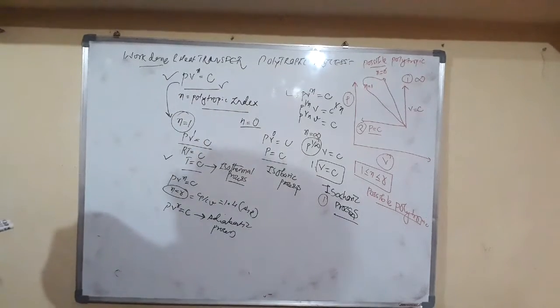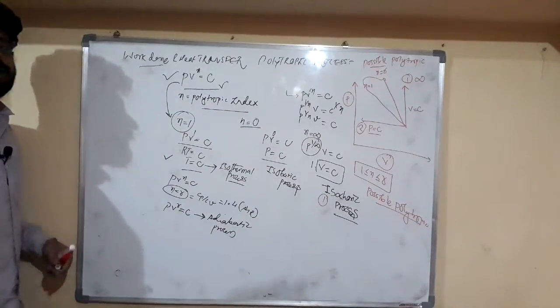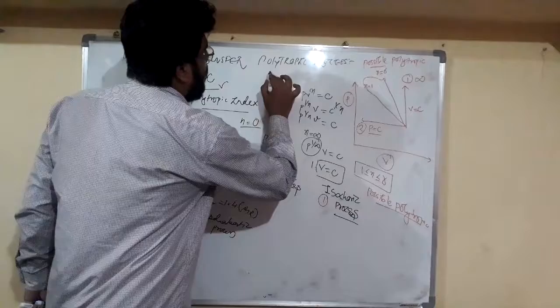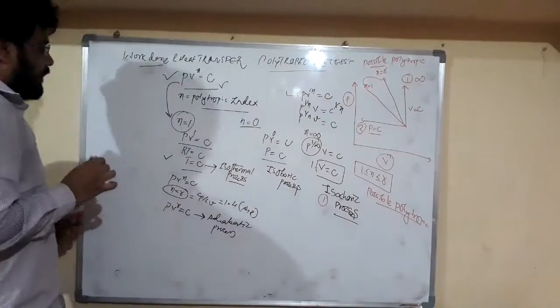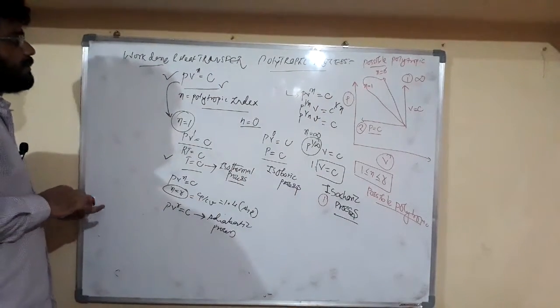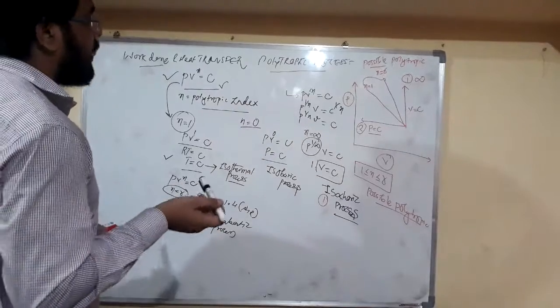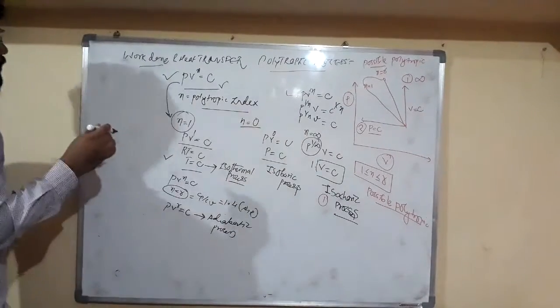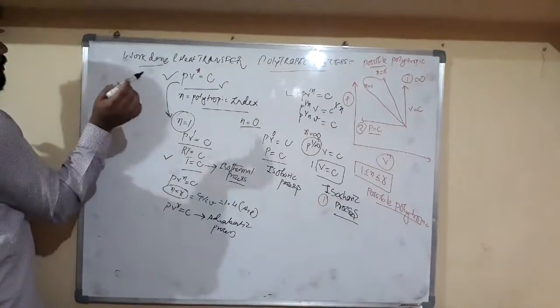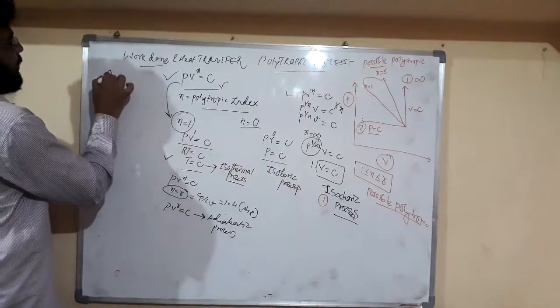So friends, this is all about our representation. Now friends, we will come to our main point, which is work done and heat transfer in case of the polytropic process. Dear friends, what is work done? Work done we have already derived in our adiabatic process.